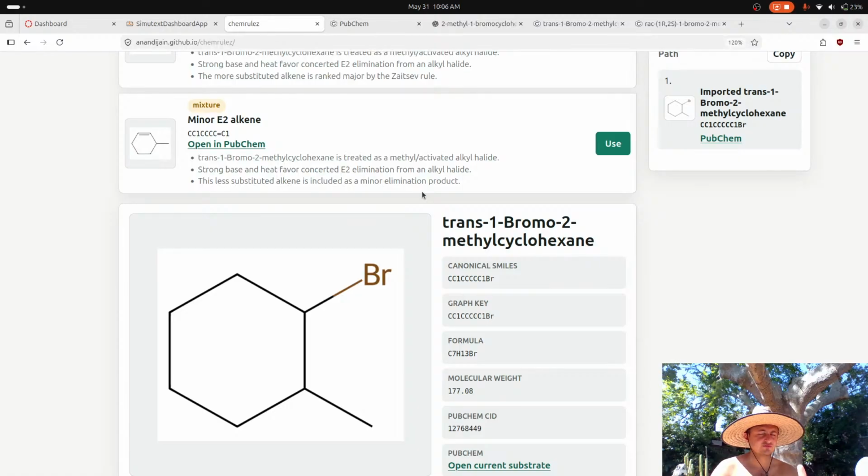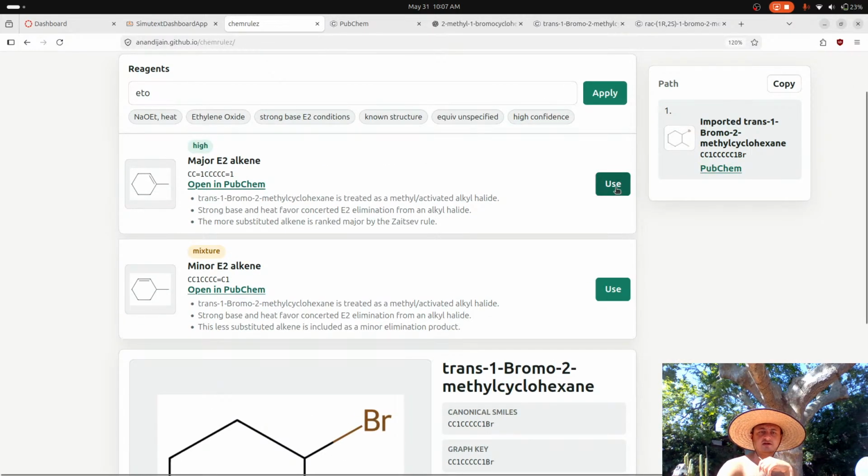And I think really there's only two conformers that you check in the case of cyclohexane. You check the case where Br is axial and the case where Br is equatorial. And then you just look at neighbors and you say, is there an anti-periplanar? Then you sort the anti-periplanar by resultant alkene substitution count. And then you go from there.